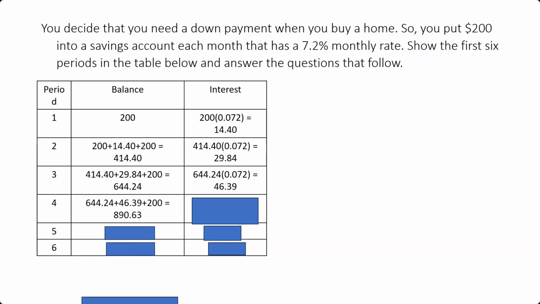Yes, because we take the 644 balance plus the interest, and we're depositing $200, $890.63. That's at the beginning, so you get interest on all of that. You get $64.13.